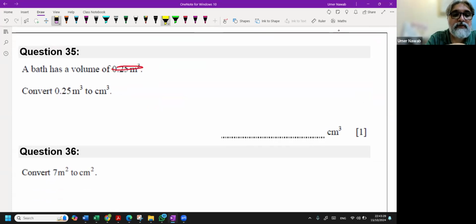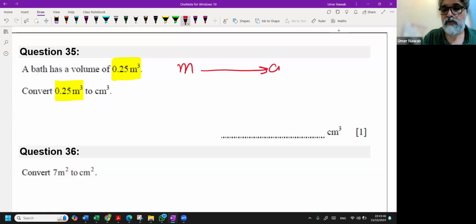Next. A bath has a volume 0.25 meter cubed, and I have to convert 0.25 meter cubed to centimeter cubed. Everyone knows meter to centimeter, I have to multiply with 100.